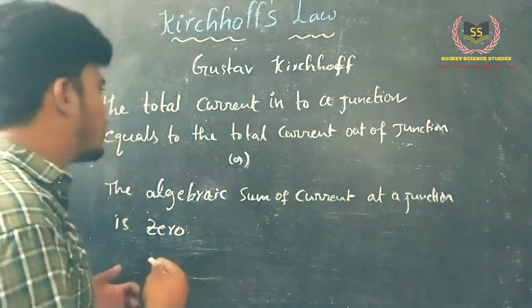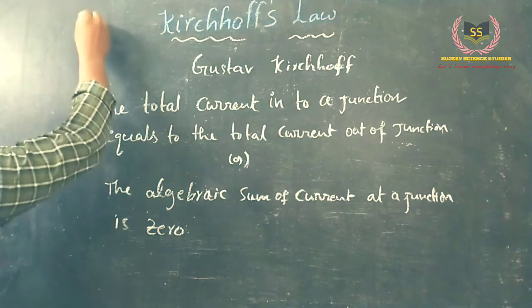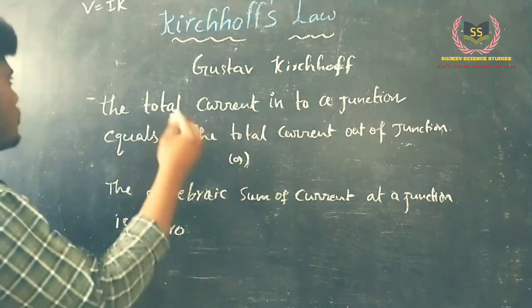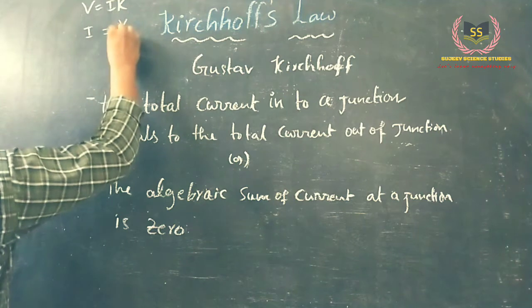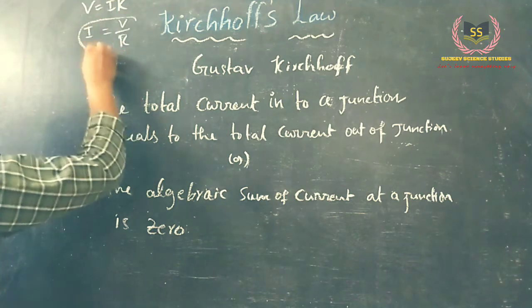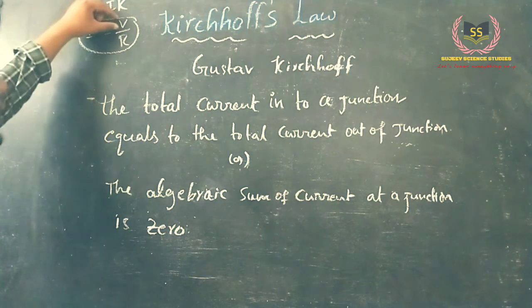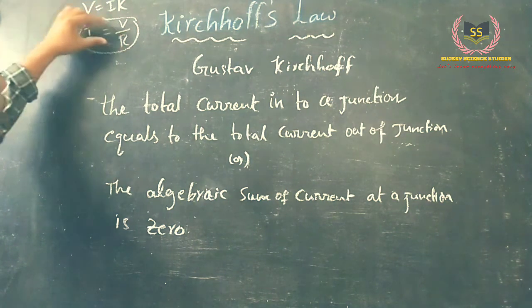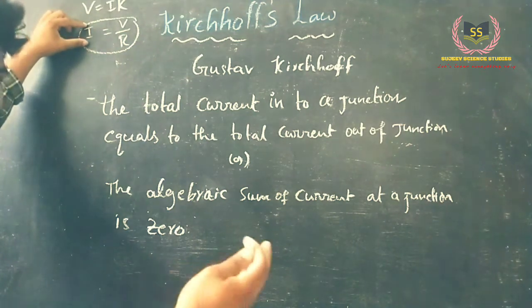For example, if you take Ohm's law, to find out current, what is the formula we used? Formula V equal to IR, as well as the formula I equal to V by R. By using the ratio of voltage and resistance, we can get the value of current, how much current flows through a circuit.